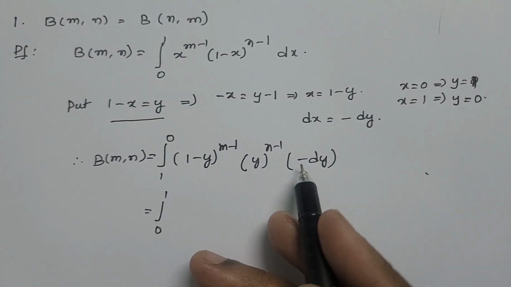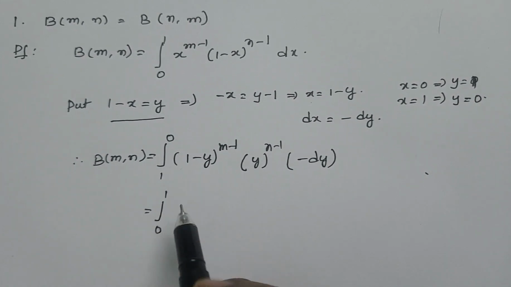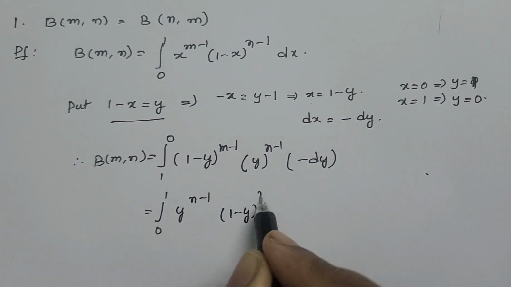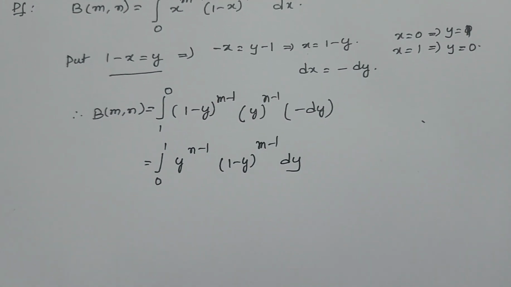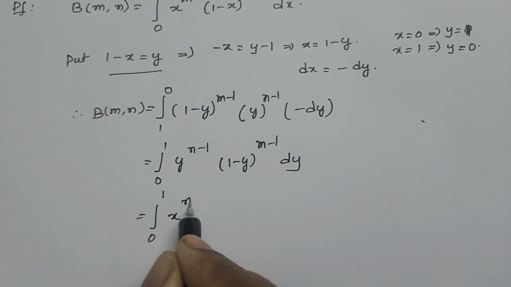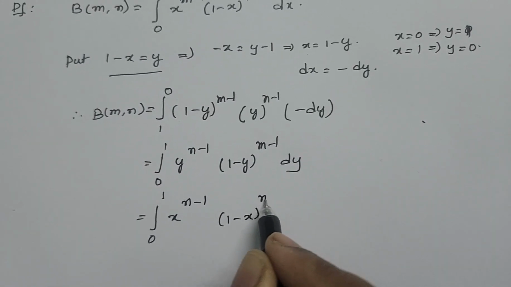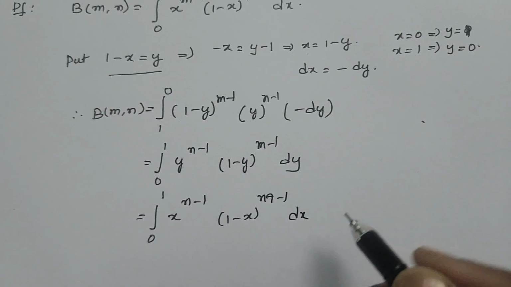Because of the minus sign, the limits are interchanged. So this is y to the power of n minus 1 into 1 minus y to the power of m minus 1 dy. So this is equal to the integral from 0 to 1 of x to the power of n minus 1 into 1 minus x to the power of m minus 1 dx.